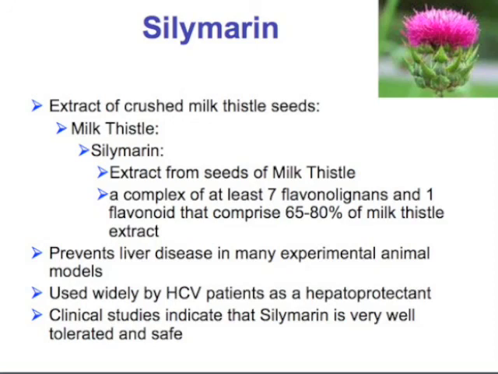If you give silymarin to various animal models, it can block liver disease in various forms in various systems. And probably because of that, and also because of anecdotal evidence, it's widely used by HCV patients as a hepatoprotectant. And despite some controversy on its efficacy, the clinical studies indicate that silymarin is very well tolerated and safe.